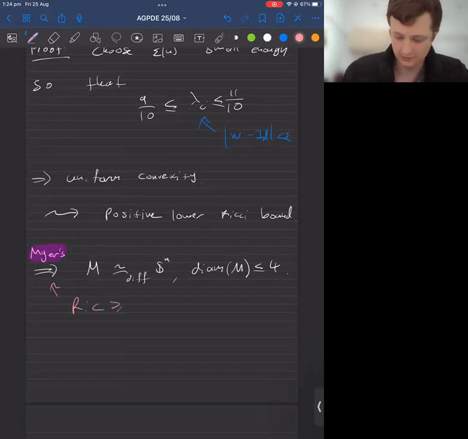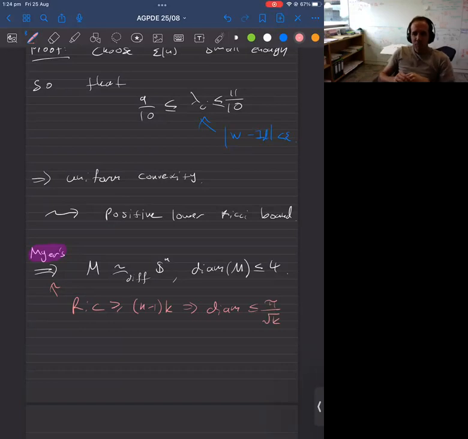Just a reminder, Meyer's theorem is that if you have this, then the diameter has a bound. I think strictly in the proof of Meyer's theorem, you grab any minimizing geodesic, and then you apply the second variation and then there's curvature appearing, and that's precisely the assumption. So it doesn't seem to need completeness.